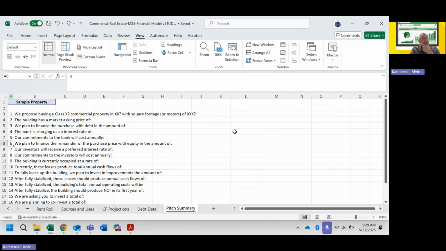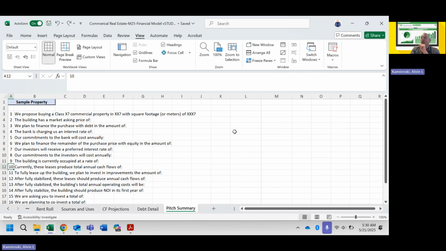But the rest of us equity investors, including you, are going to get a preferred dividend of 8%. And our commitments to each other are going to cost us roughly $202,000 a year.